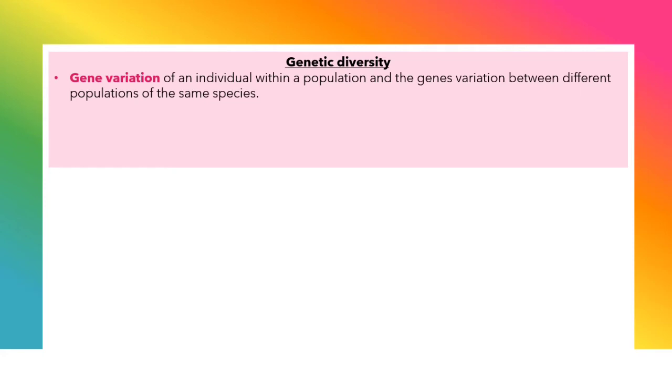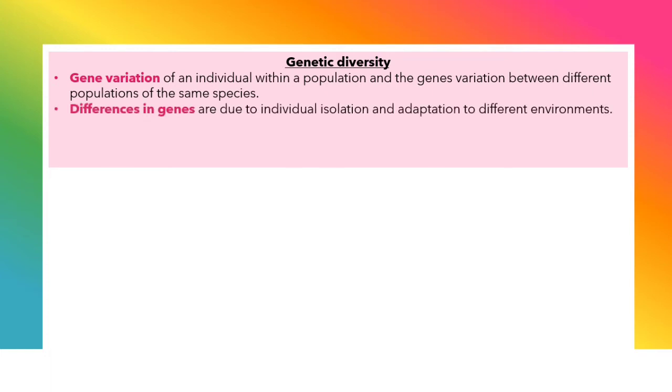Genetic diversity is the gene variation of an individual within a population, and the gene variation between different populations of the same species. Variation among the same species is called genetic diversity.